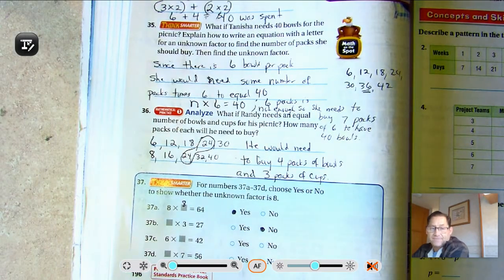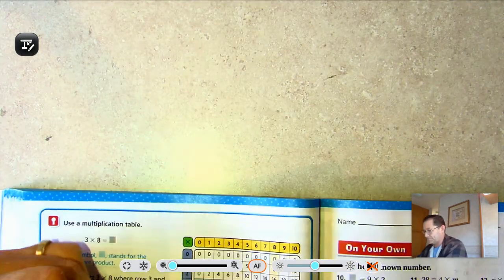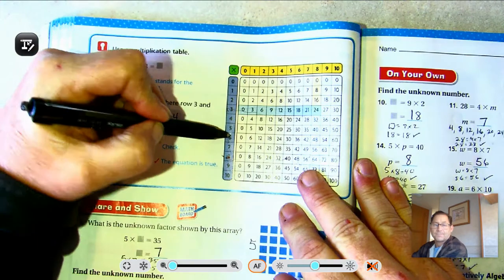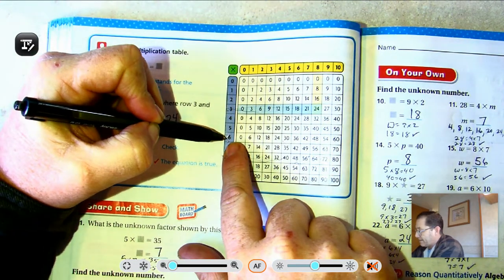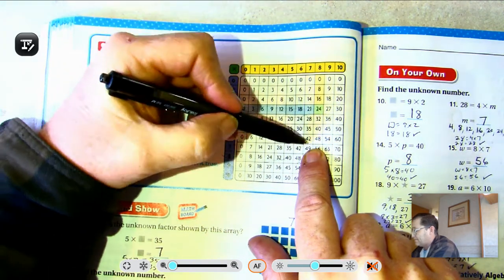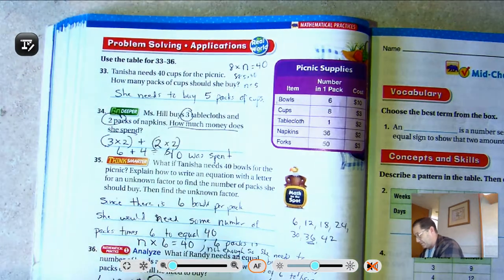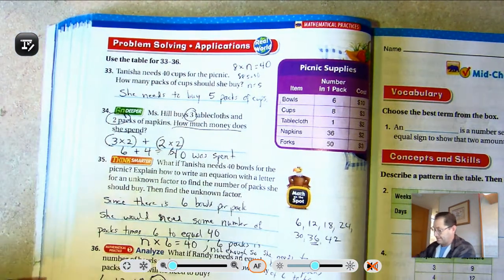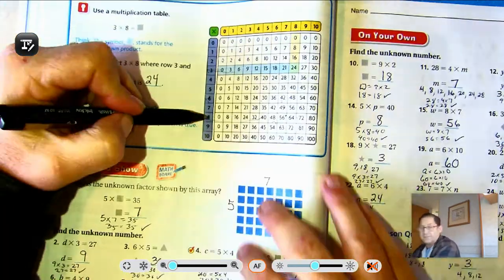6 times 8, 42. Let's see. Let's go in the row of 6. And if I go 6 times something, do I get 42? There's 42. Is that times 8? No, it's times 7. 6 times 7 is 42. So that's also no. Is 8 times 7 56? So here's 8.